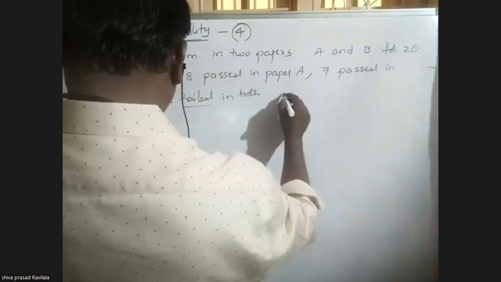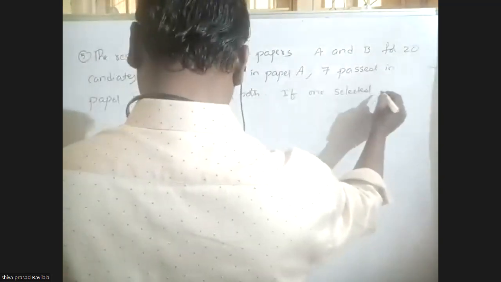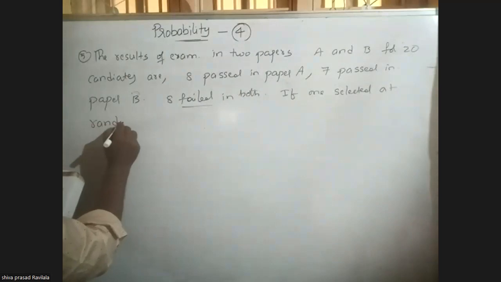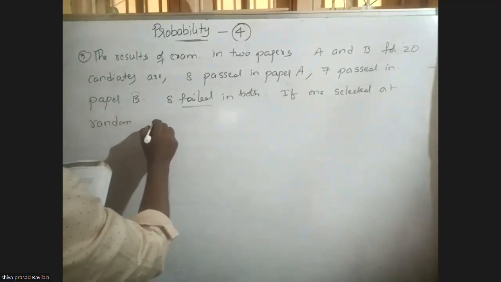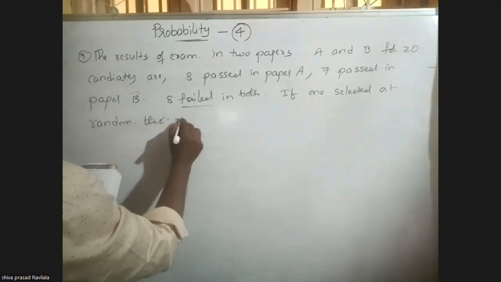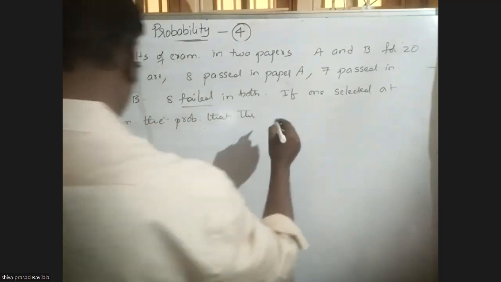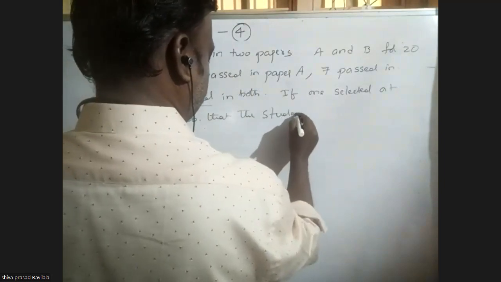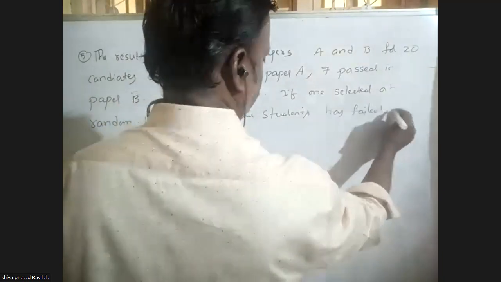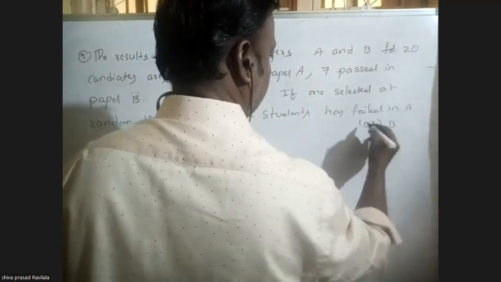If one is selected at random, the probability that the student has failed in A or B.